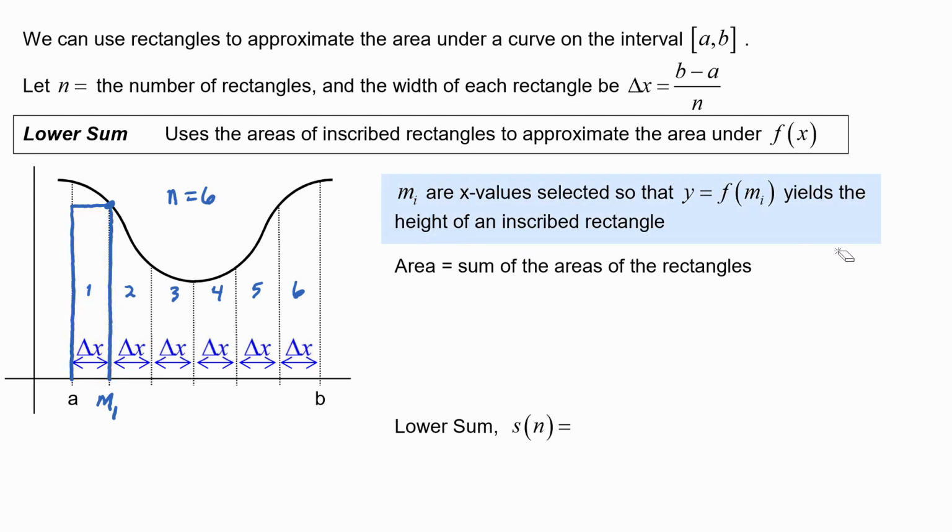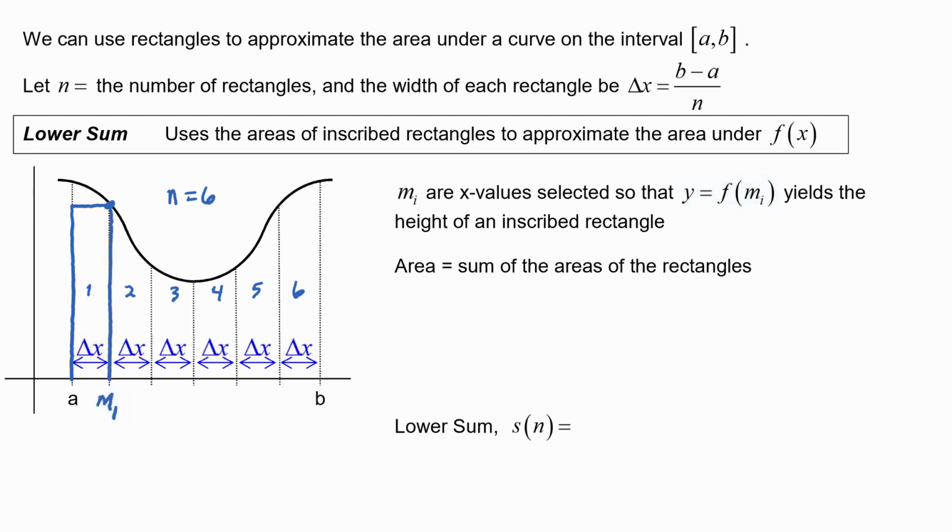That's what this sentence right here is saying. The m sub i are x values selected so that y equals f of m sub i yields the height of an inscribed rectangle. Here, m1 is the x value so that y equals f of m1, which is this height, gives us the height of our inscribed rectangle for region 1.